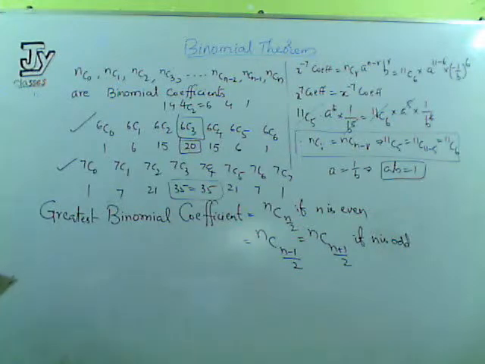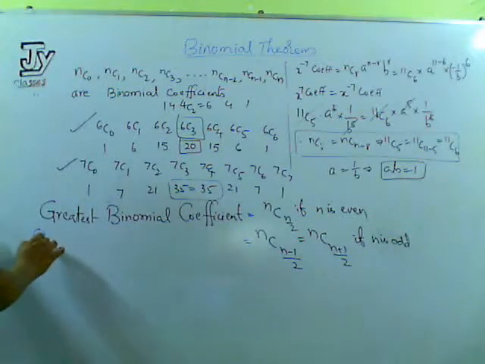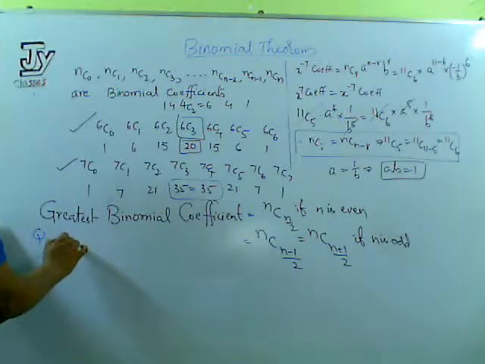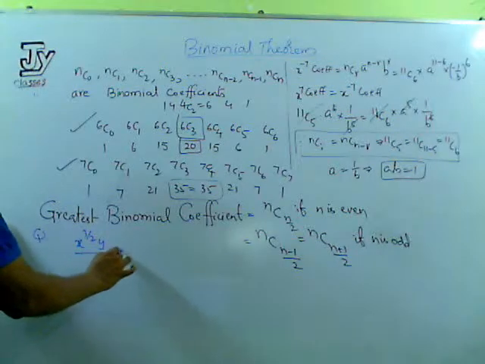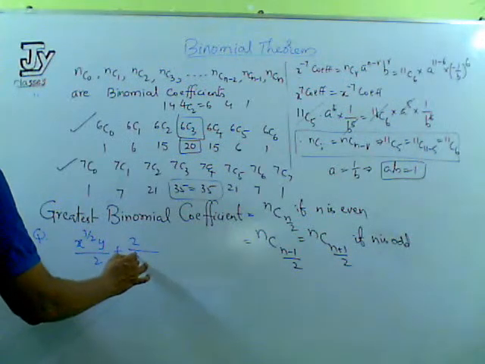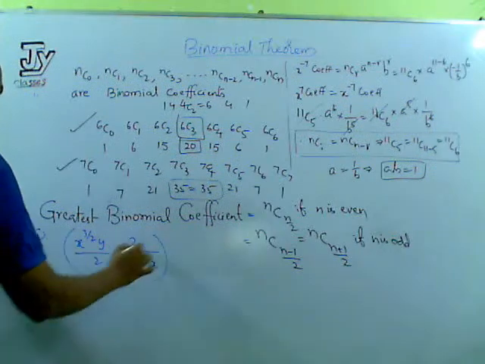So based on this concept, one question is there. See the question: (x power 3 by 2 y by 2 plus 2 by y power 3 by 2 x) whole to the power of 12.